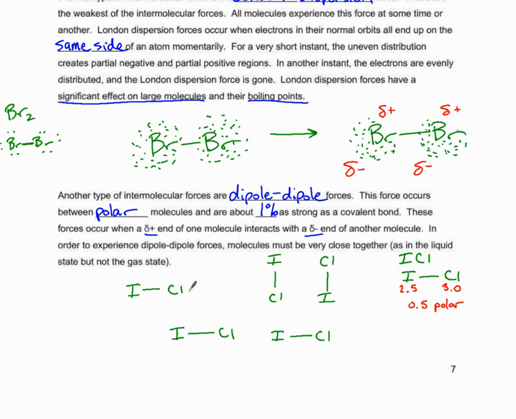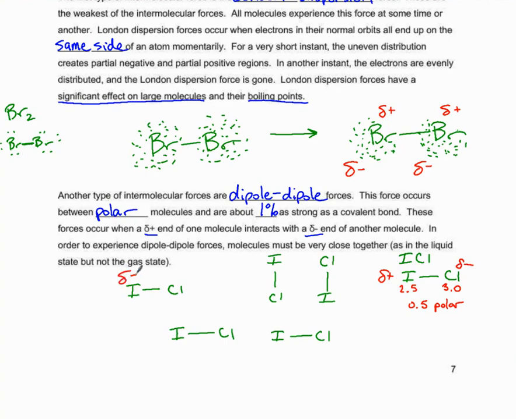So we've got 5 of these molecules, and they're all in pretty close proximity, and they're polar. So the chlorine is more electronegative, which means it's going to be the partially negative side, and the iodine is going to be partially positive.